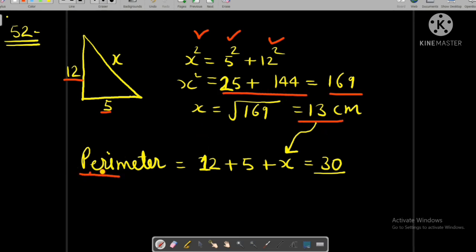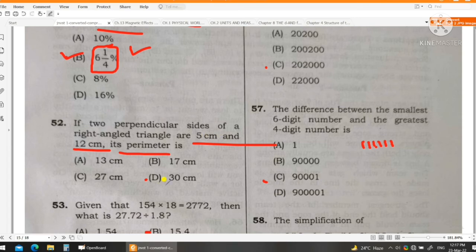Now what did I say? The perimeter is equal to the sum of all the sides of a closed shape. Here three sides are there. One is 12, second is 5, and the third one is x, which from calculation we have got as 13. So the answer is 13 centimeter. You can see in the options, option D is the correct option.